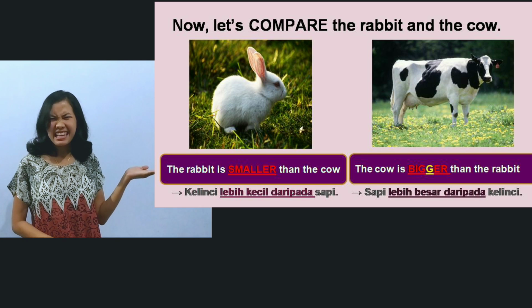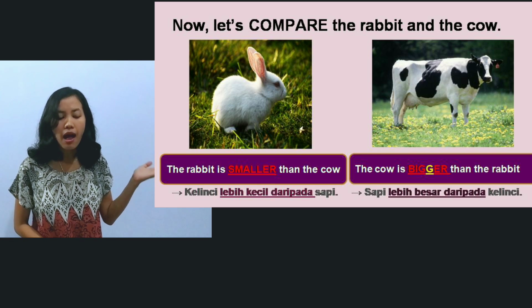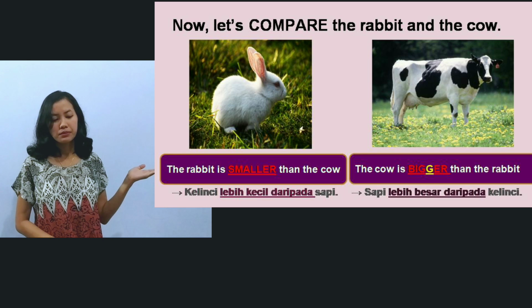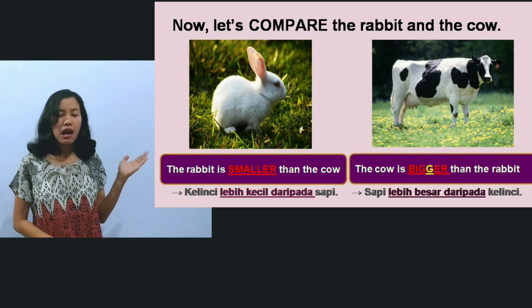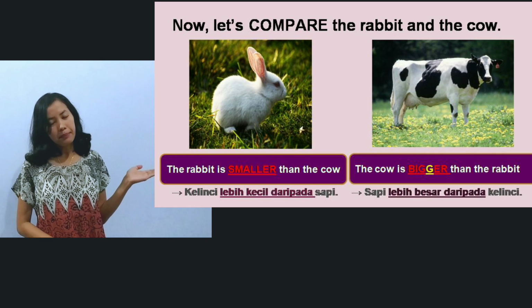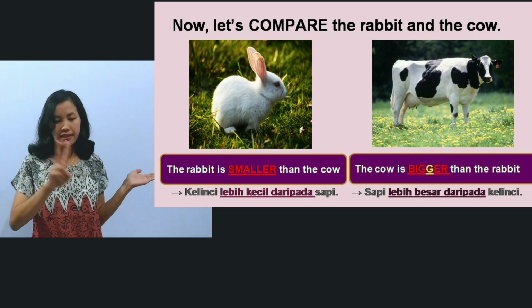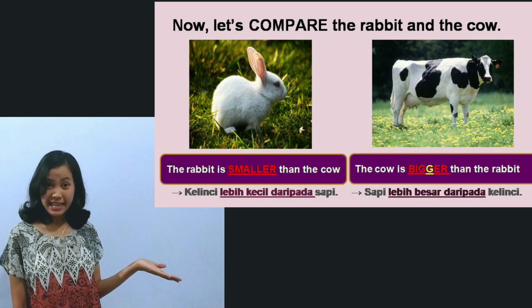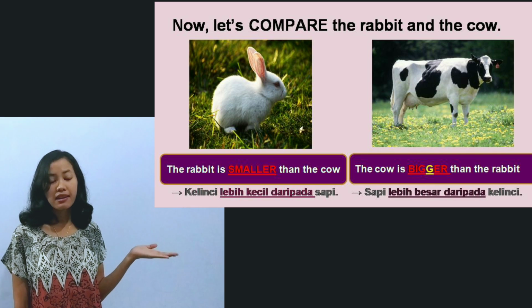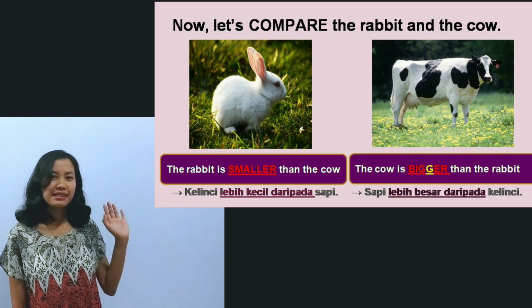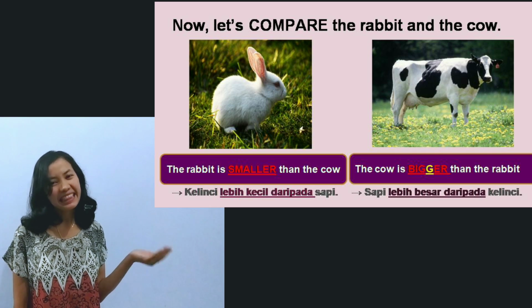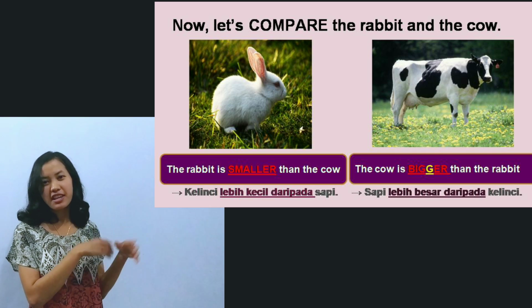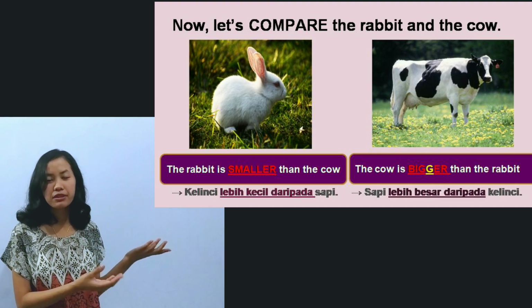The rabbit is smaller than the cow. Kelinci lebih kecil daripada sapi. And the second sentence is, cow is bigger than the rabbit. Sapi lebih besar daripada kelinci. These are the example of comparative adjective sentences.